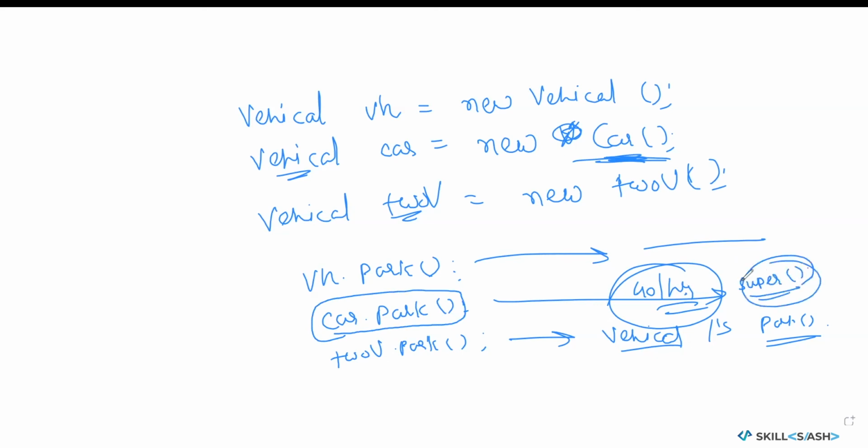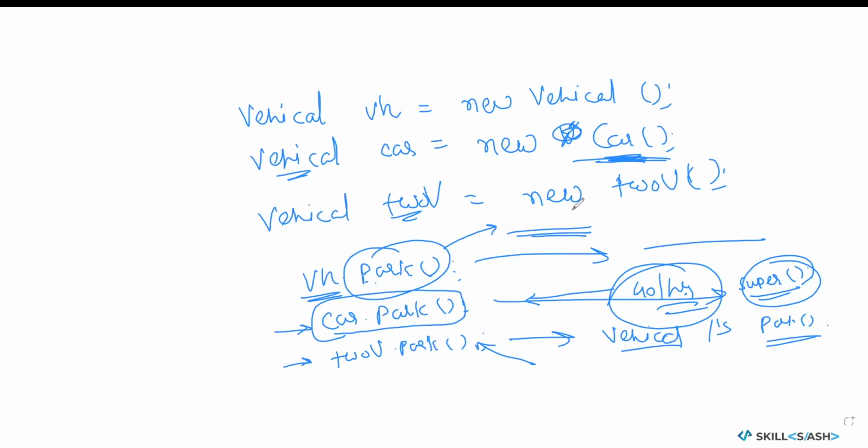When you call super, whatever park method is in the superclass Vehicle will be called. There you can apply other business logic, something like this vehicle has been parked equals true. The reusability is there because you can reuse the Car methods, TwoWheeler methods, and Vehicle park extensively, wherever you want to use the Vehicle's method.